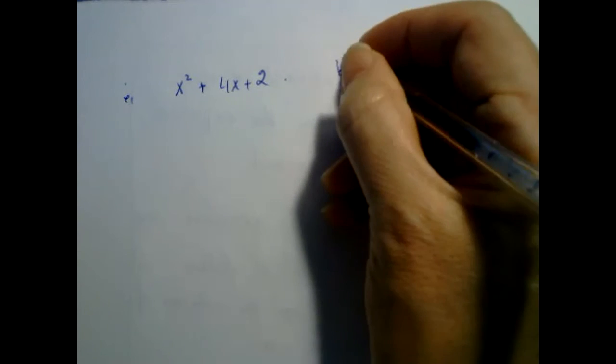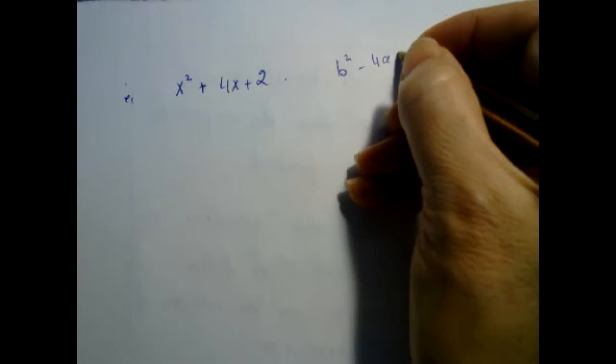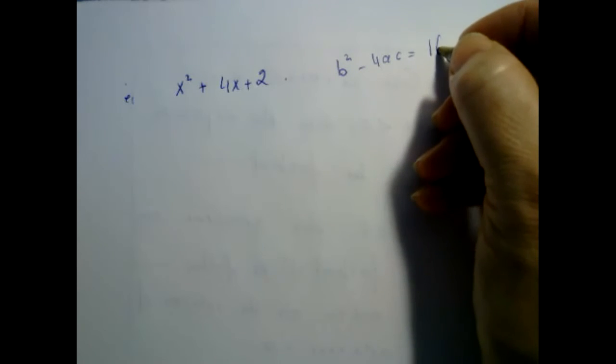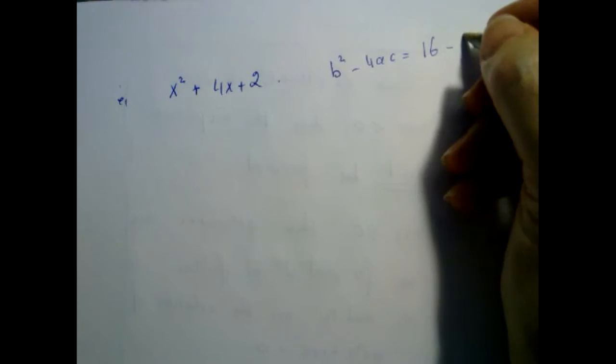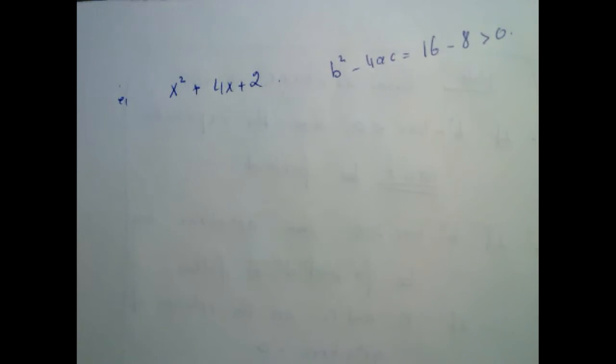Yes, because b squared minus 4ac is 16 minus 8. That's positive. We can factor it. What are the factors? Can you see them?